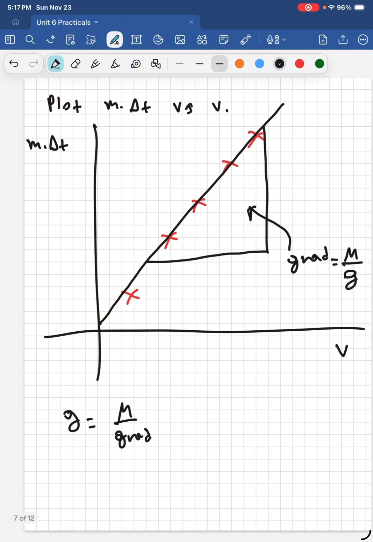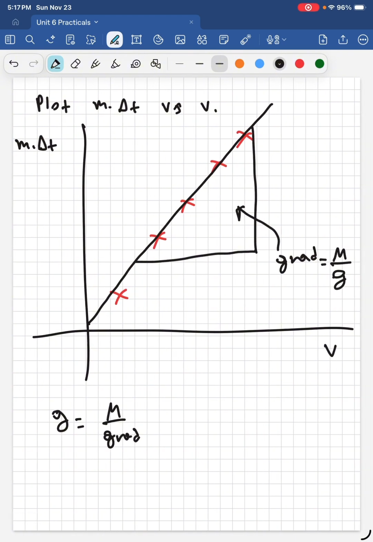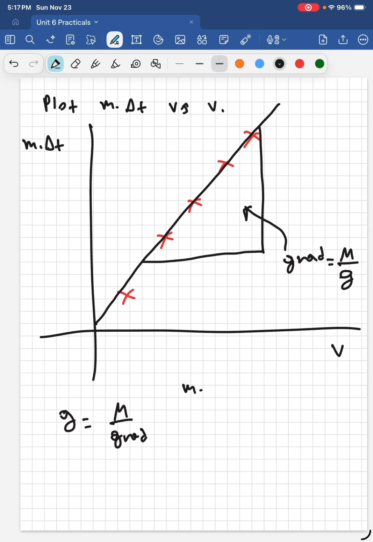But it's also equal to, let me see. Remember that we said that m times delta t is equal to m times v, and I forgot the g there, so m times g times delta t.